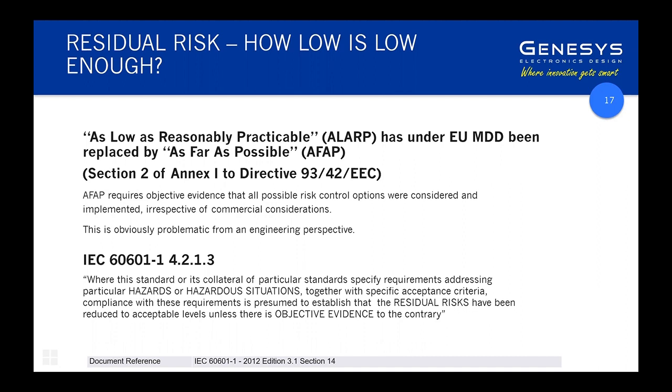So this provides a method of saying, how low do I have to reduce the risk? Now, of course, not every hazardous situation is addressed by 60601-1, but a really big chunk of them are. And so this is a really important clause to bear in mind when deciding how far you need to reduce risk.